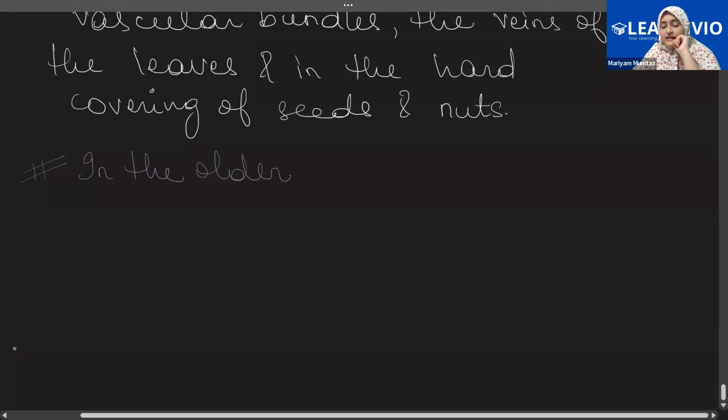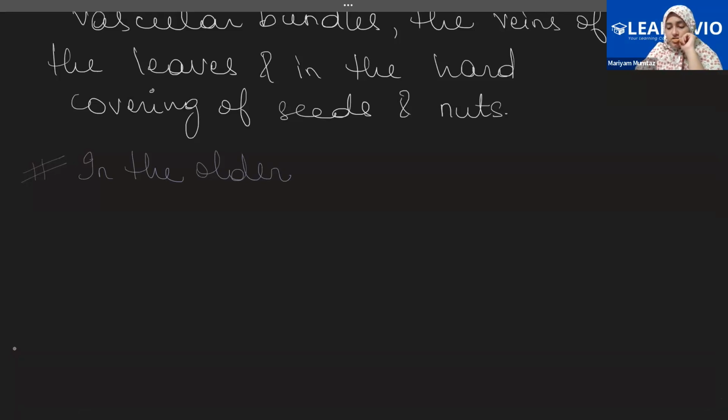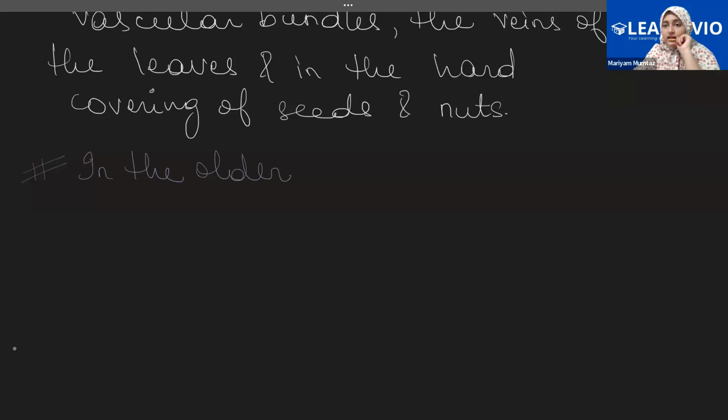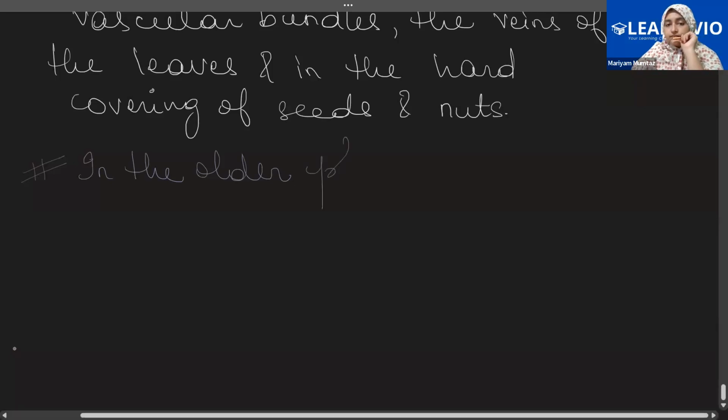In the older plants, the epidermis undergoes certain changes, and then it gets replaced by the secondary meristem. We know what primary meristem and secondary meristem are, isn't it? The meristem that is formed the first time in the plant's life is the primary meristem. Later on, when the plant matures, the secondary meristem is found. The cells on the outside are cut off from the inside.